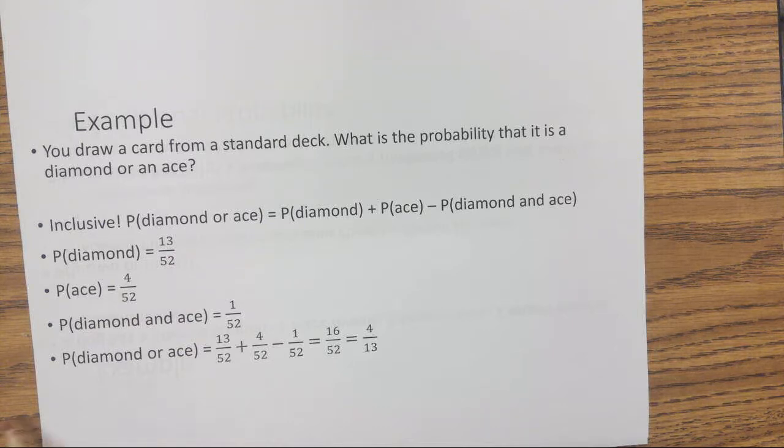Okay. The probability that it's an ace. Well, there's 4 aces in the deck, and 52 cards in the deck, so the probability that the card is an ace is 4 out of 52. We have to subtract the probability that it's a diamond and an ace, because one of these aces is a diamond and it's already been counted here, so I have to subtract one of them off.